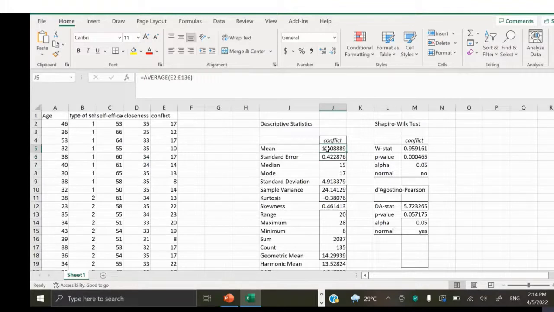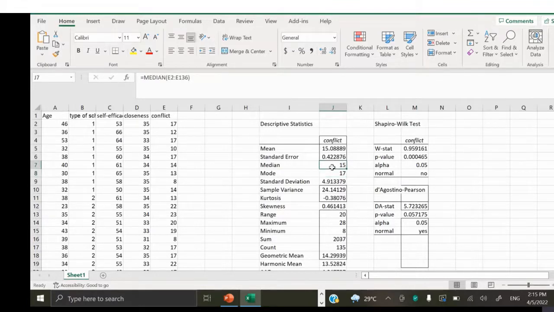So the mean is a measure of central tendency. Since conflict is a variable measured on the interval or ratio scale, I use this for my reporting of descriptive statistics. Now the median is 15 and the mode is 17.